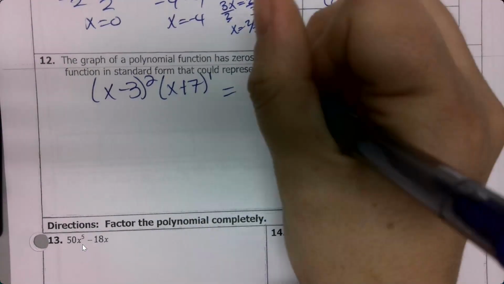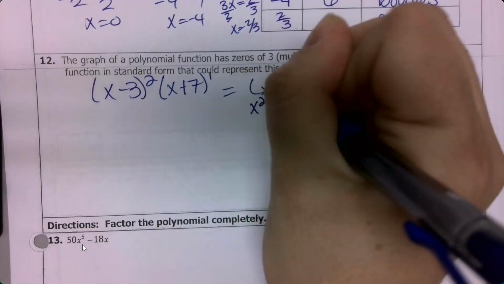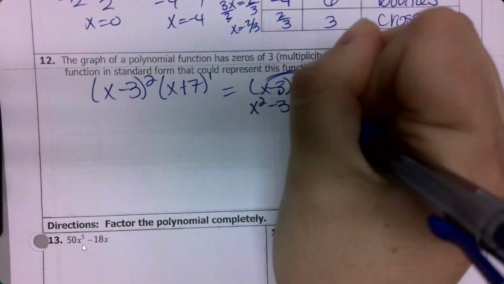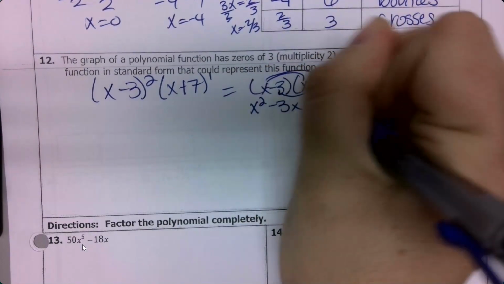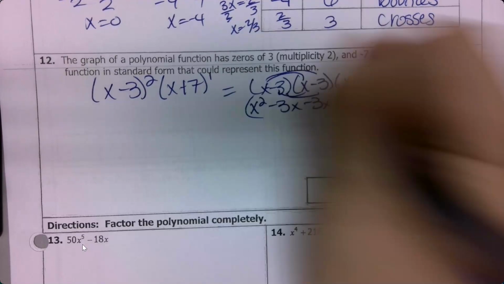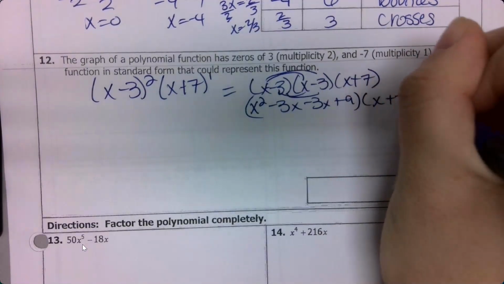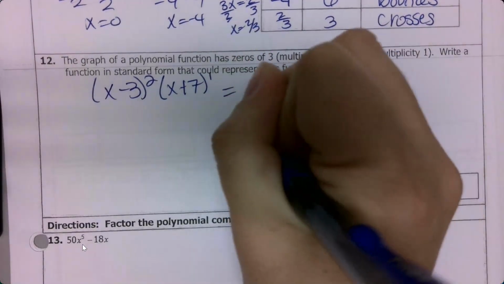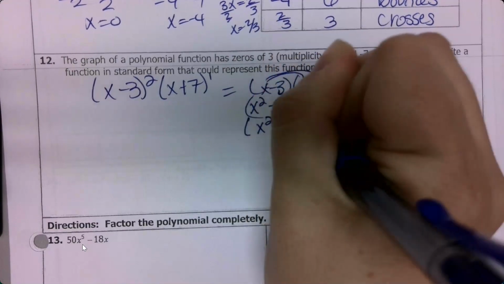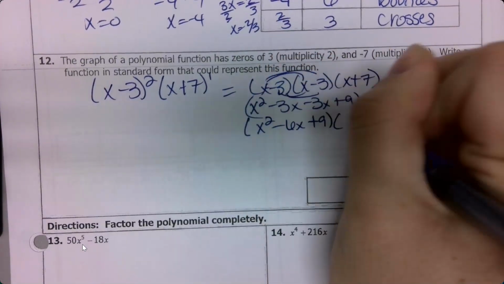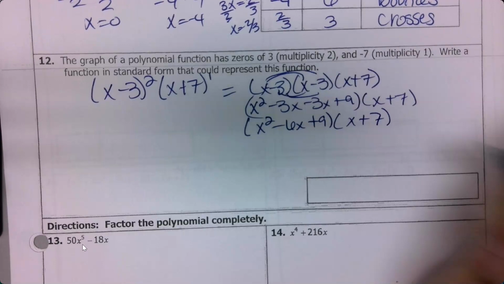Then I want to go ahead and multiply. This gets me x squared minus 3x minus 3x plus 9. And then I'm still multiplying by my x plus 7. I want to combine like terms. That gets me x squared minus 6x plus 9 times x plus 7. Then I want to go ahead and FOIL out.